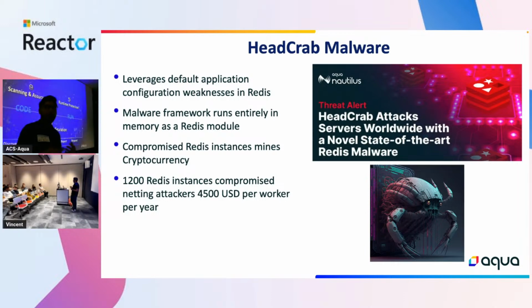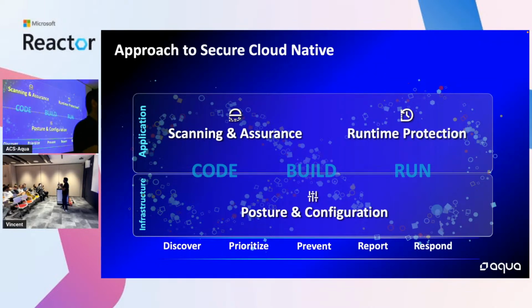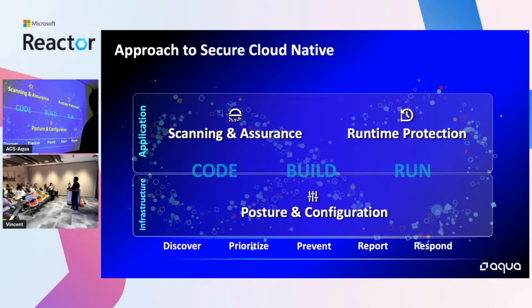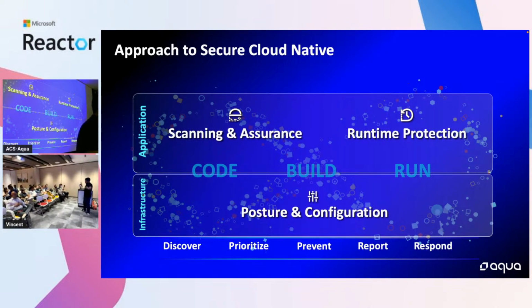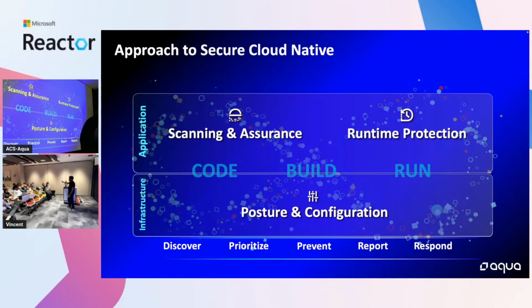So let's look at what approaches we need to take to secure cloud-native applications, right? So the first part is shift left, which is where we want to introduce scanning and assurance, right? Scanning is important because we want to get visibility into what is the risk in your environment. That applies to your code, your CI/CD pipelines, your images and templates, and your actual workloads.